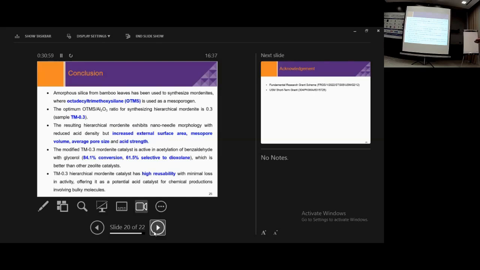Lastly, TM0.3 shows a high reusability with minimal loss in activity after 5 cycles of reaction, and it offers itself as a potential acid catalyst for chemical production when it involves bulky molecules.